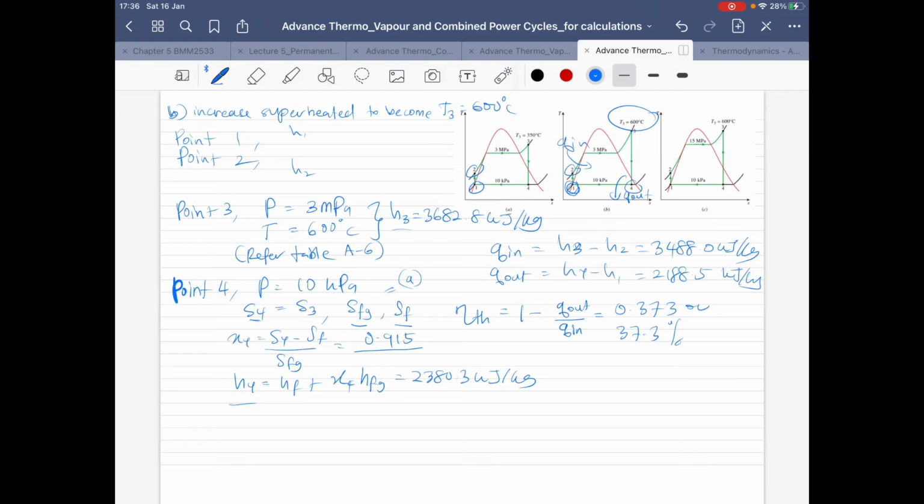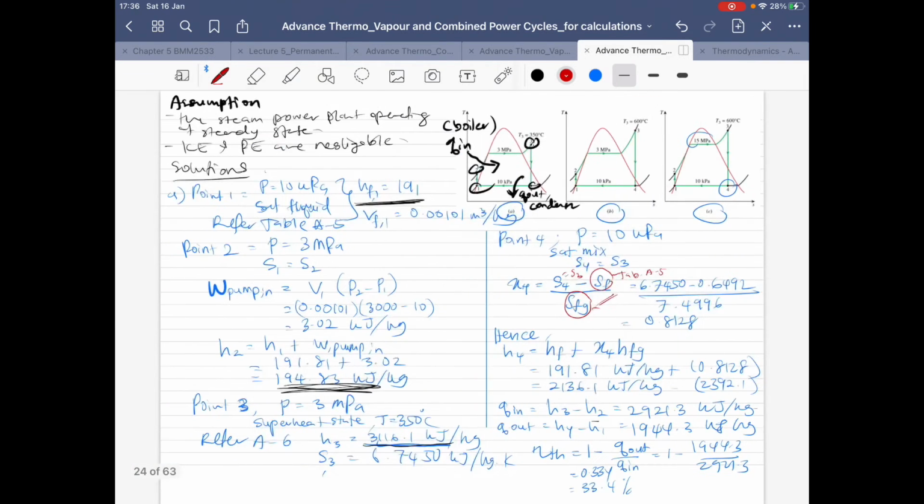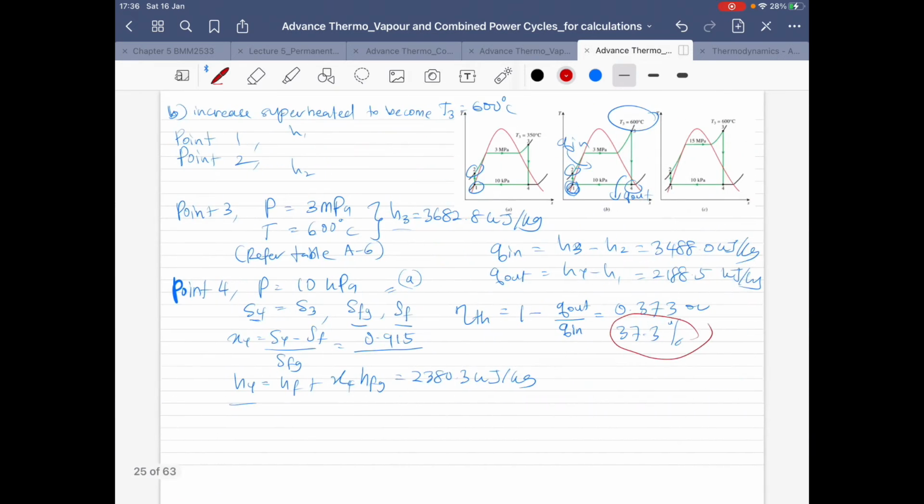Now if you realize, the value that we get now is higher than the previous efficiency, meaning whenever you have a superheated condition, or you add another boiler and superheat the steam, adding more temperature going into the turbine, the efficiency increases.